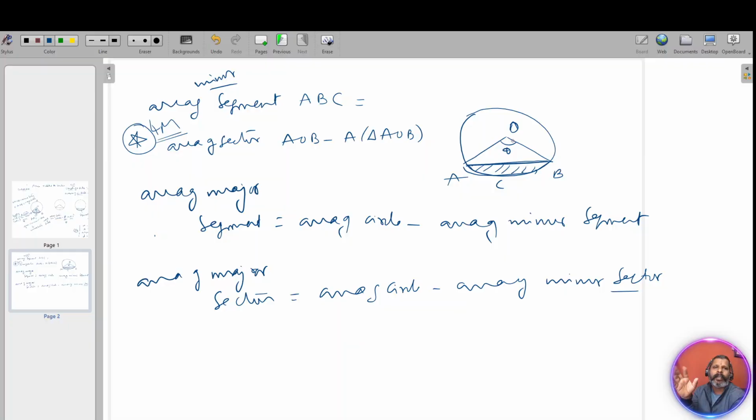So we need a height here, half into base into height. For that we construct the perpendicular from O to AB, call it D. Theta is given, we bisect it. So it's a big process. That's the reason I told area of segment is an important question. One example is there, 2-3 exercise questions are there. We'll see them when we start the exercise.